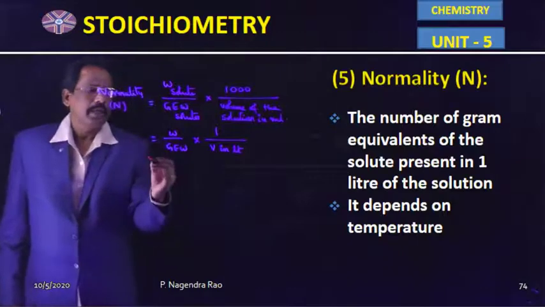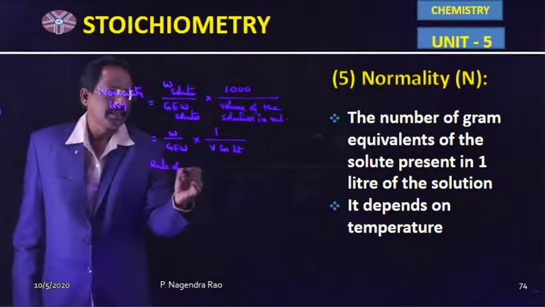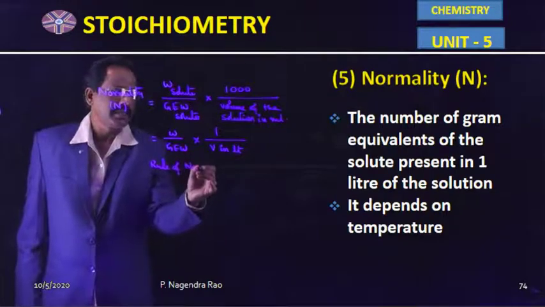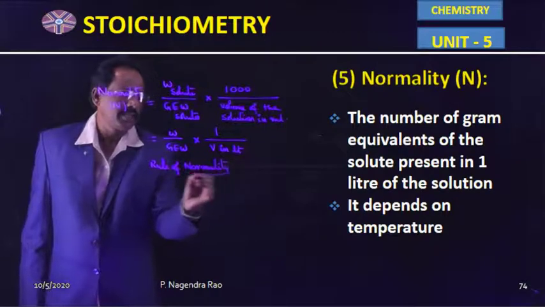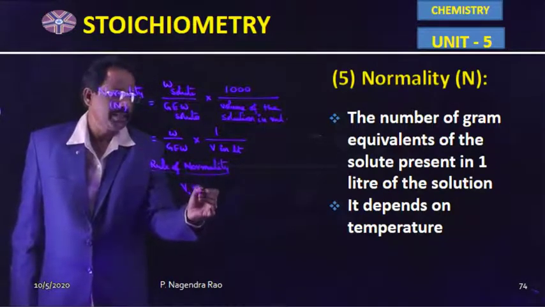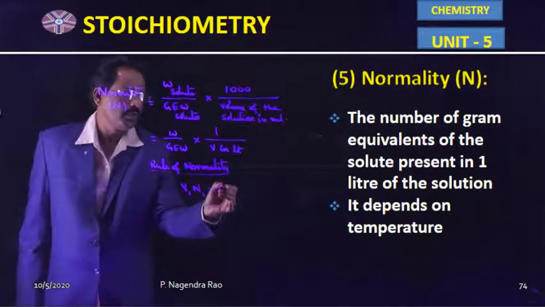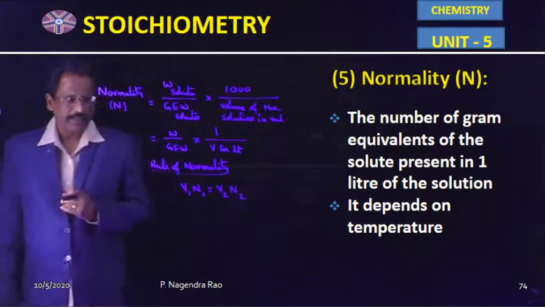Now according to rule of normality, for dilute solutions, V1N1 is equal to V2N2, like molarity.